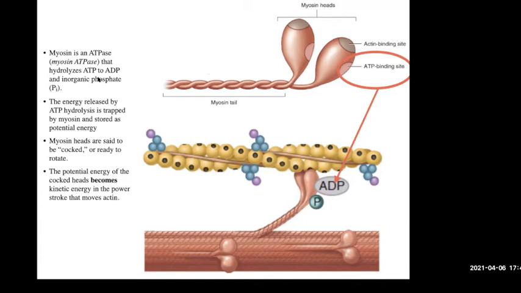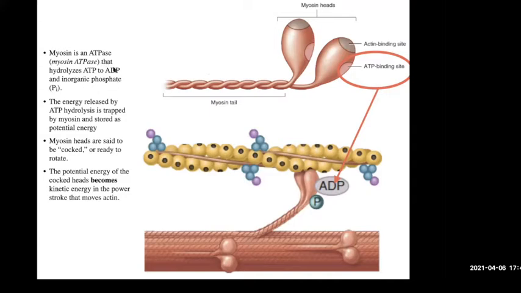which is going to cause this conformational change in there. It's going to create energy by hydrolyzing the ATP. You're going to remove a phosphate group from the ATP to form ADP, adenosine triphosphate to adenosine diphosphate, plus an inorganic phosphate.